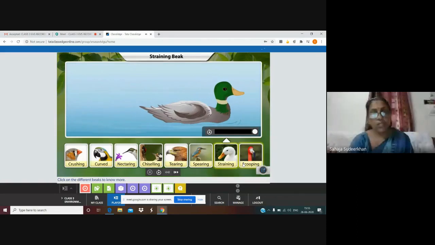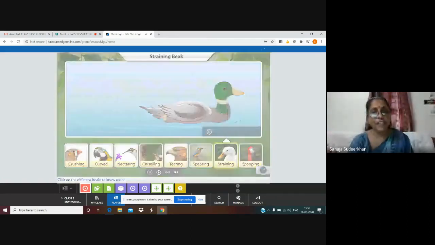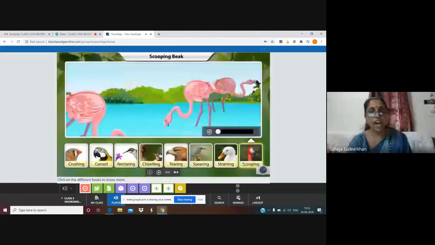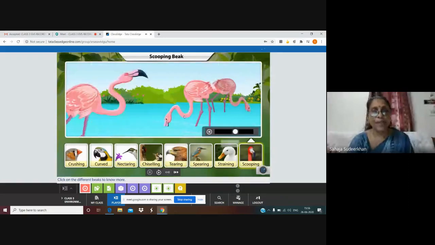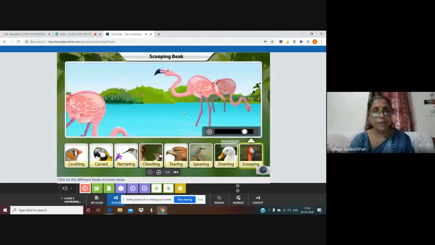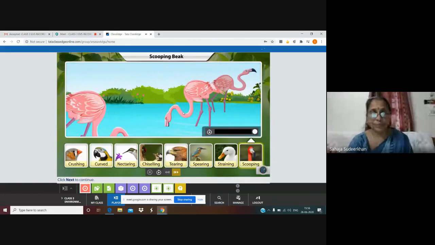Next one is the scooping type of beak. This is a flamingo. These have long flat beaks, like an ice cream scoop. The flamingos eat fish and strain the mud out. Next one.